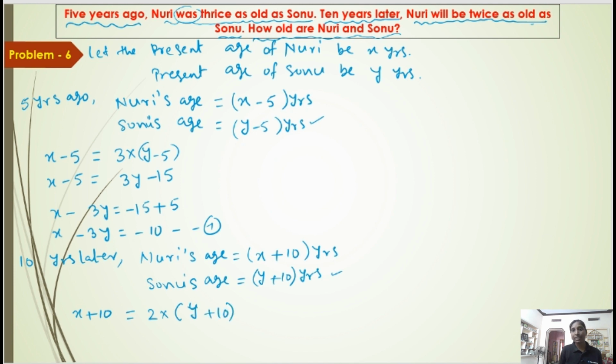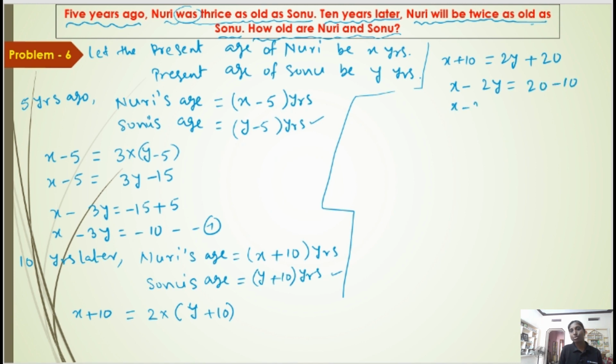Now simplify it. x plus 10 is equal to 2y plus 20. So transpose, variables on one side and constants on the other side. x minus 2y is equal to 20 minus 10, which is 10. It is equation number 2.